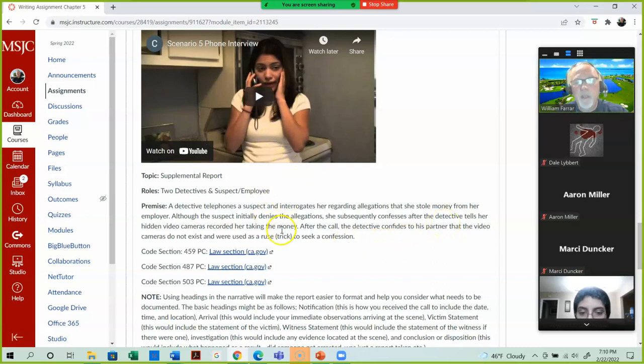And in the video, you'll see that the person initially denies it, but then she confesses after the detective tells her that there were video cameras recording her taking the money. And then after the call, the detective tells his partner, who was there listening to the call, that the video cameras really don't exist, and that he tricked her into making that statement.